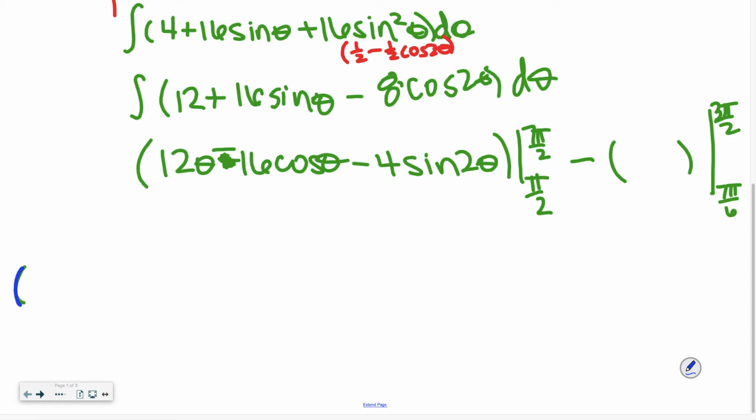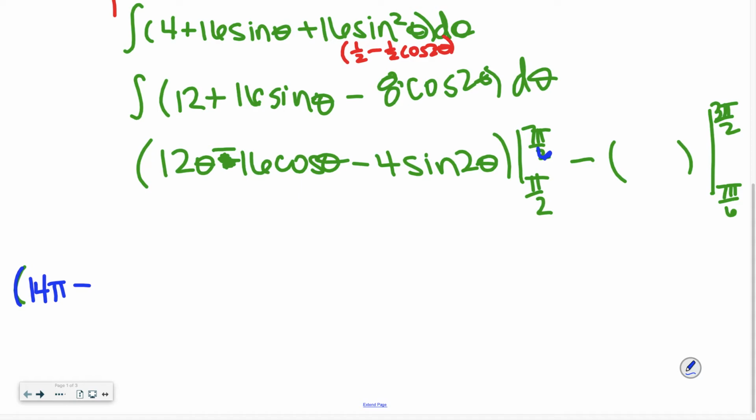So 12 times 7 pi over 2, plus minus 16 times cosine of 7 pi over 2. I have 7 pi over 6. Where did the 2 come from? That's the problem.